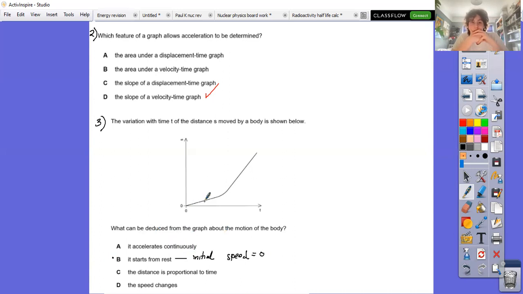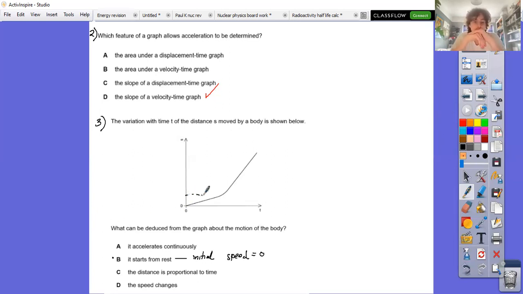It starts at the origin. So I guess it's 0. It starts off at the origin, but it starts off with the speed already. Does that make sense? Correct.